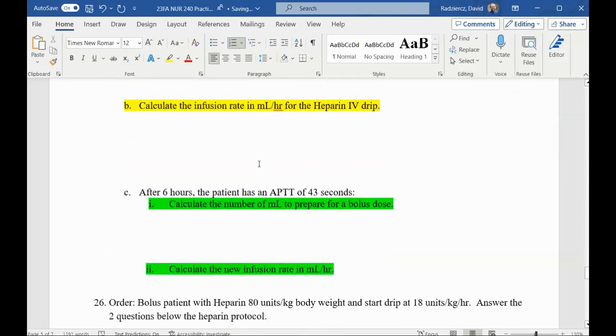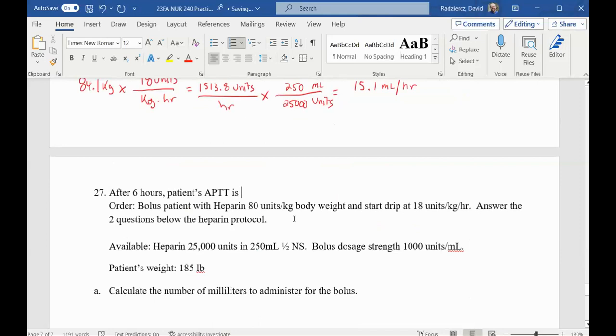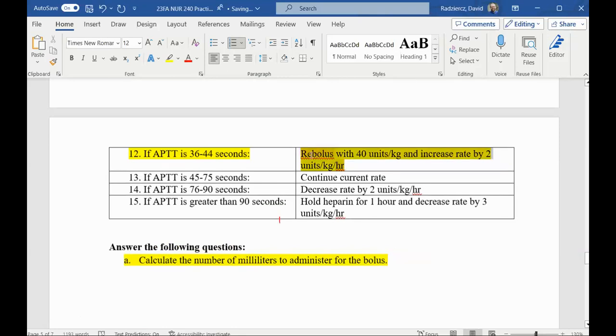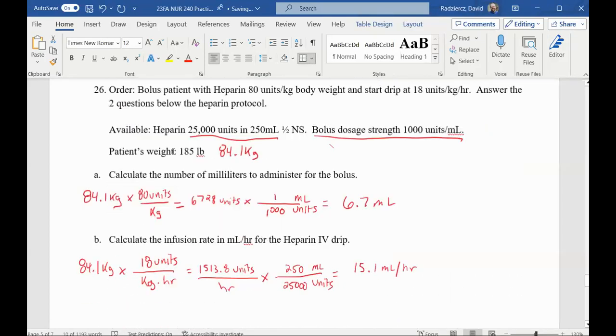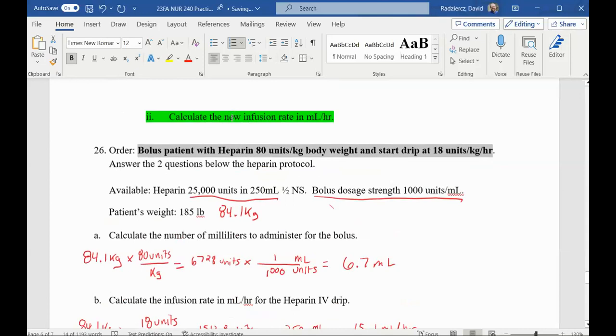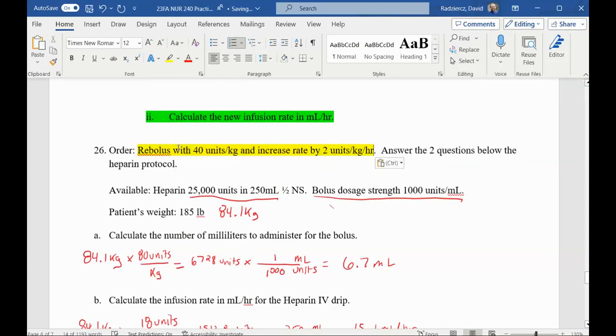We'll just say 40 seconds. Then your order would be to rebolus with 40 units and then to increase the rate by 2 units per kilogram per hour.